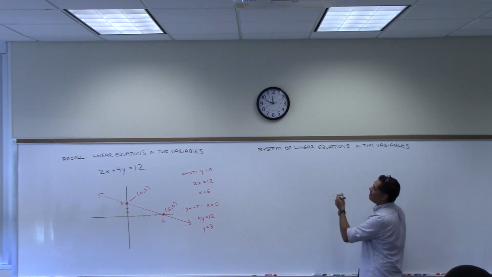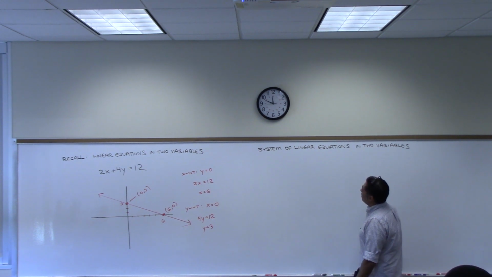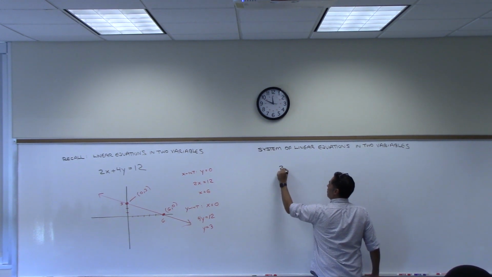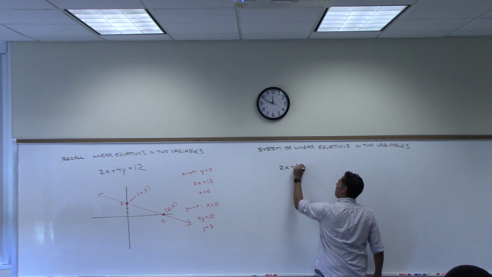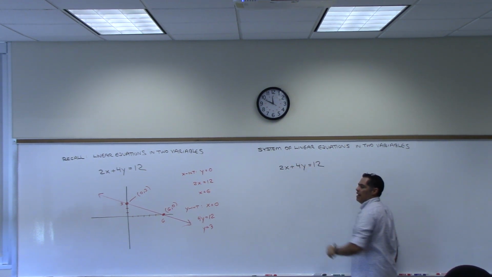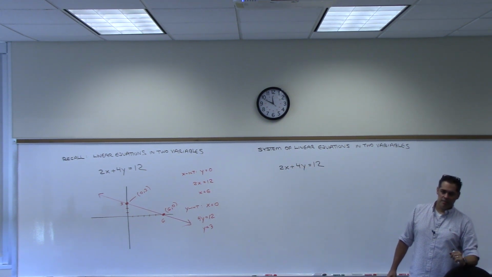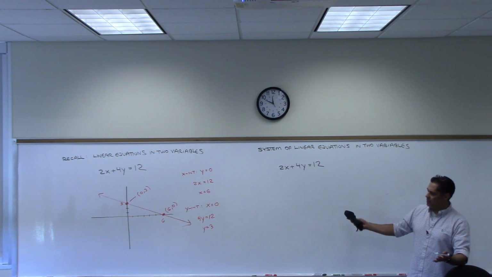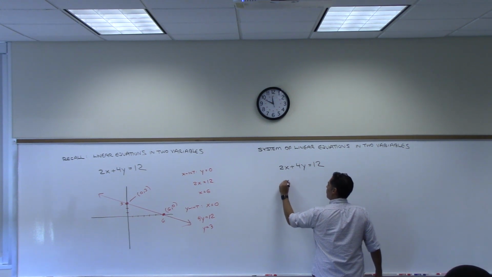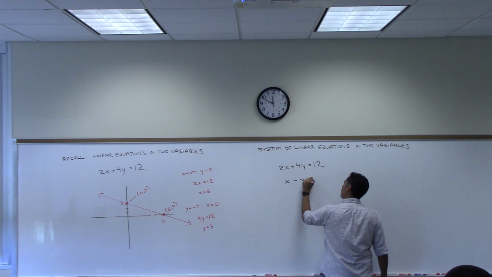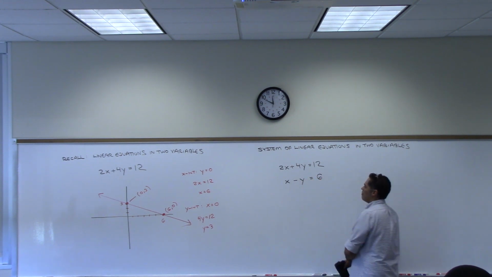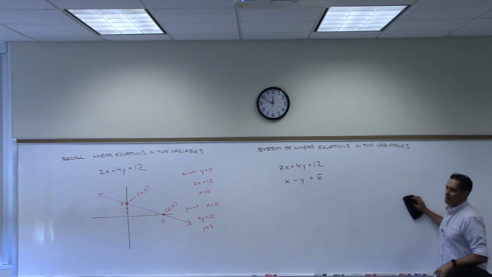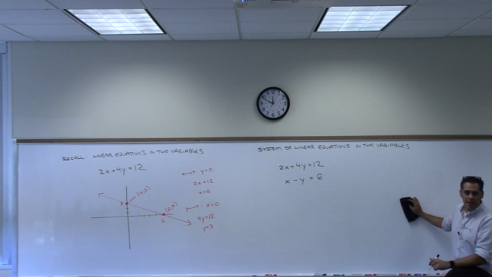So, a system of linear equations. I'm going to write that equation down again. And now I'm going to give you a second equation. Not this one, something different. I've given you two equations, right?